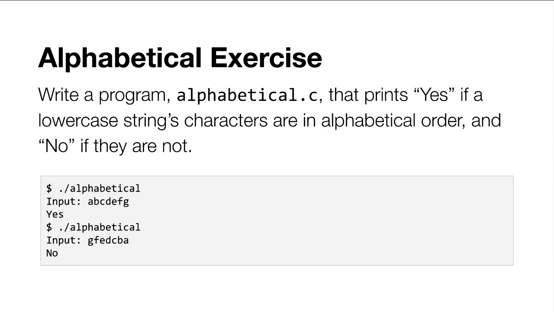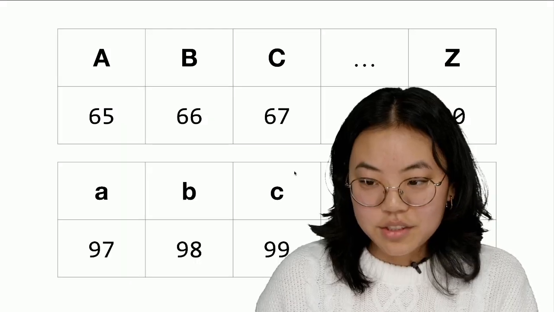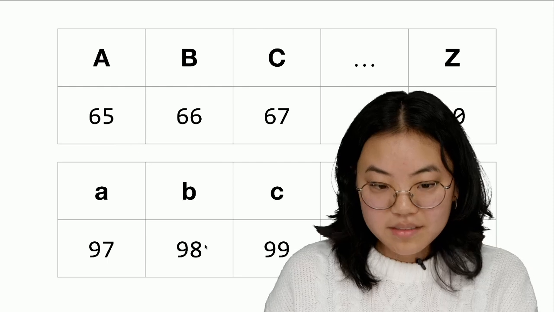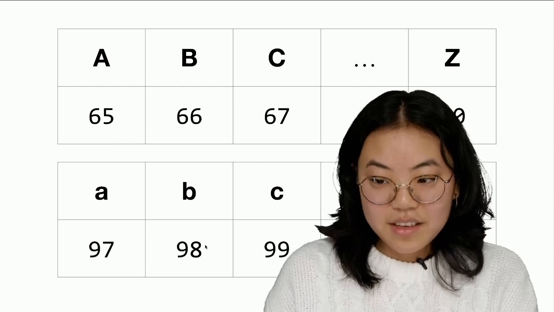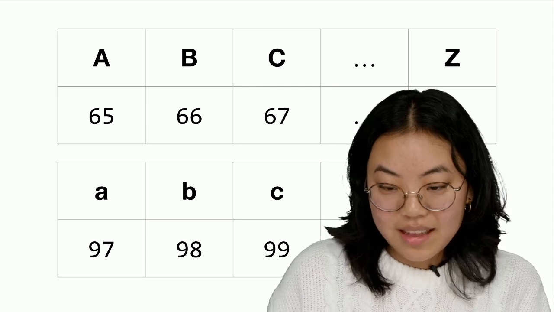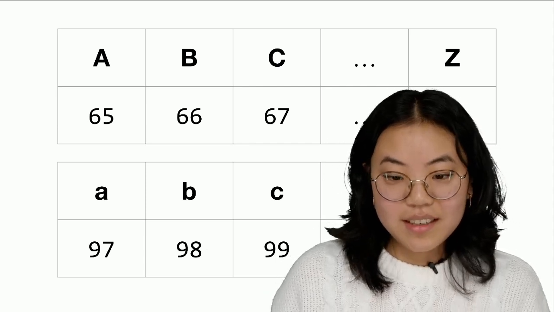Say if I got lowercase a and lowercase b, how would I know that these 2 things in order are alphabetical? Yeah, so someone says if x is less than y, as we saw with this chart, b has the value of 98, which is greater than a's value of 97.